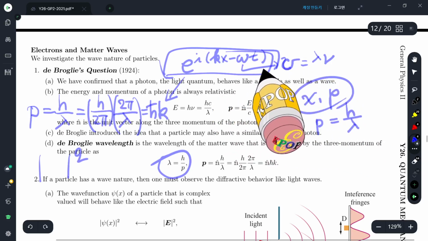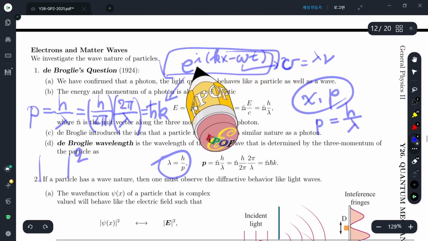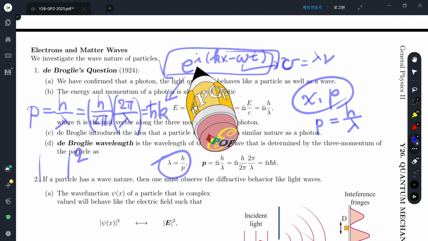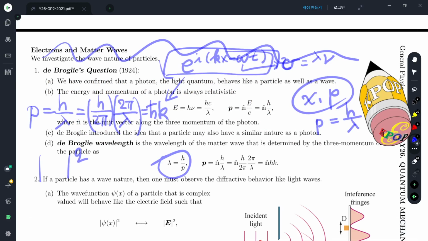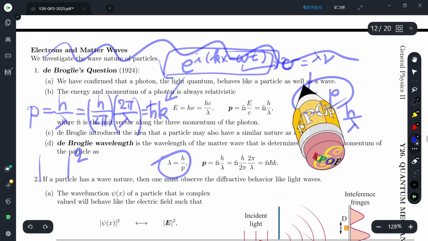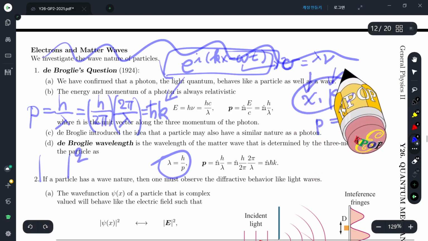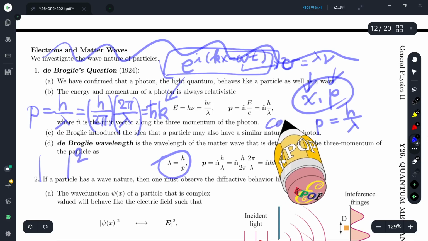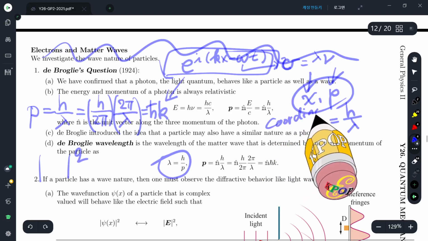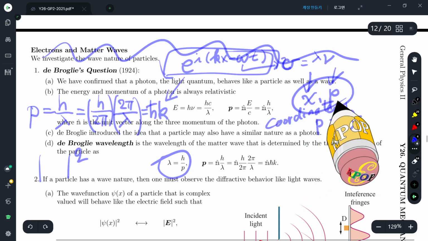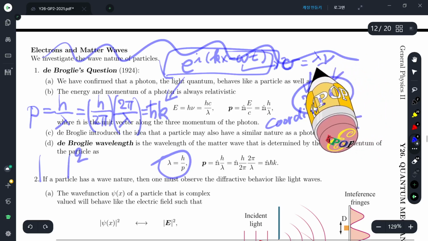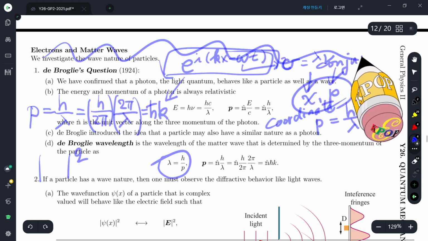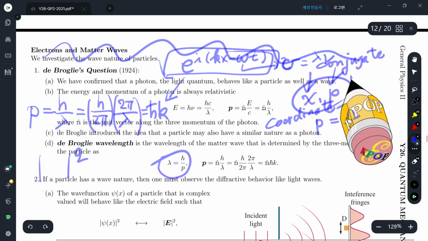So momentum is fixed, however the position of the particle is distributed all over the space. So it is impossible to fix the coordinate and the conjugate momentum.